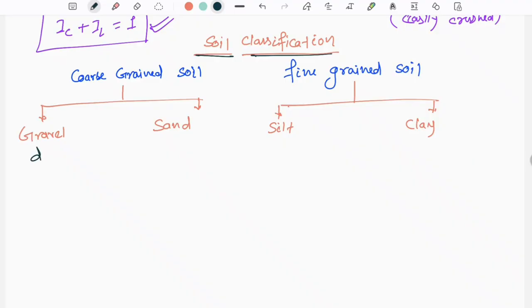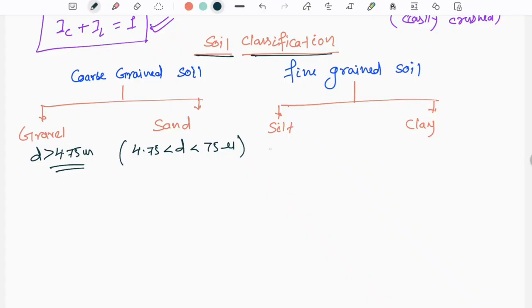When you do the sieve analysis, the particle size retained on 4.75 mm, meaning the size greater than 4.75 mm, is called gravel, and between 4.75 mm and 75 micron is called sand. So if the soil is retained on the 75 micron sieve, it is called sand.